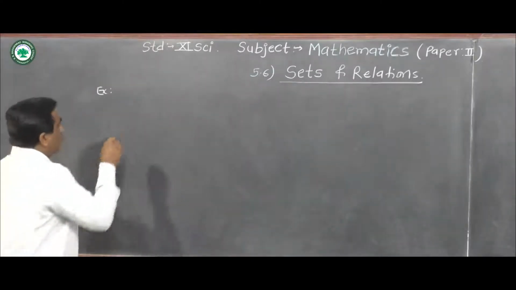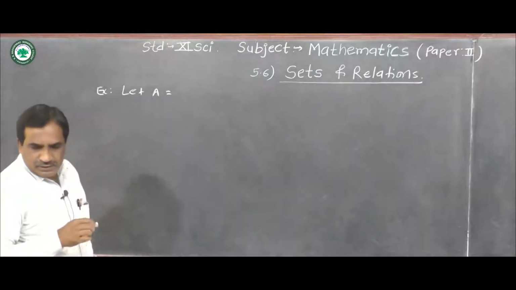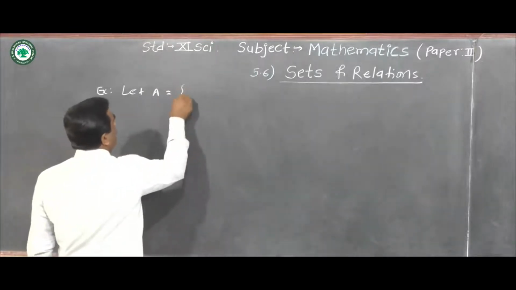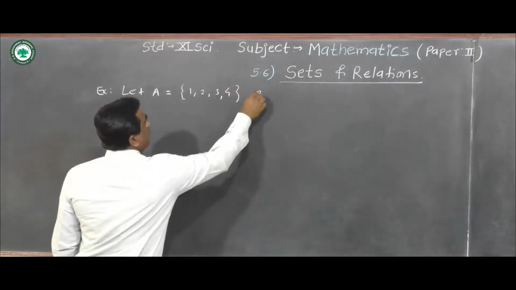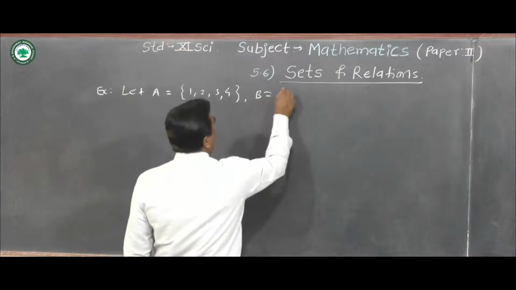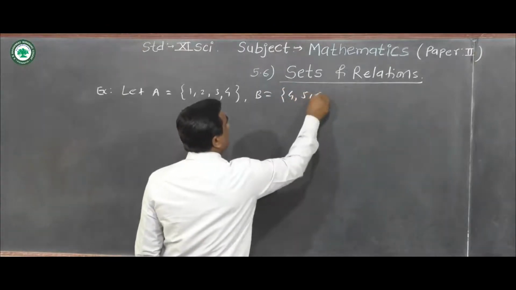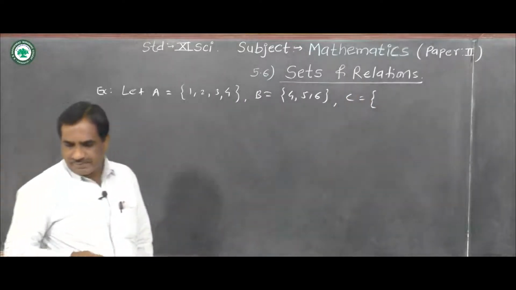Let A equal to, in curly bracket, 1 2 3 4, set B is equal to, in curly bracket, 4 5 6, set C is equal to, in curly bracket, 5 6.